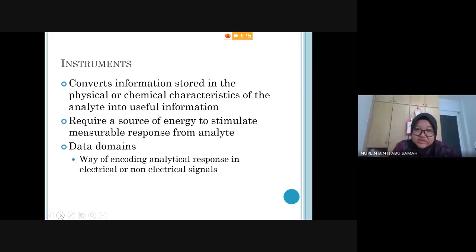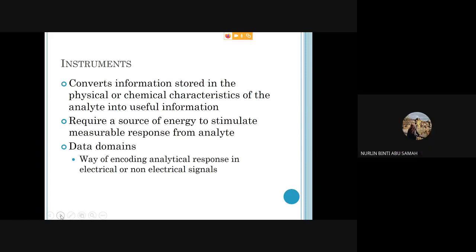FTIR, Fourier transform infrared, uses infrared as the source of energy. What I want to explain here is that most instruments require a source of energy to stimulate the measurable response from the analytes.